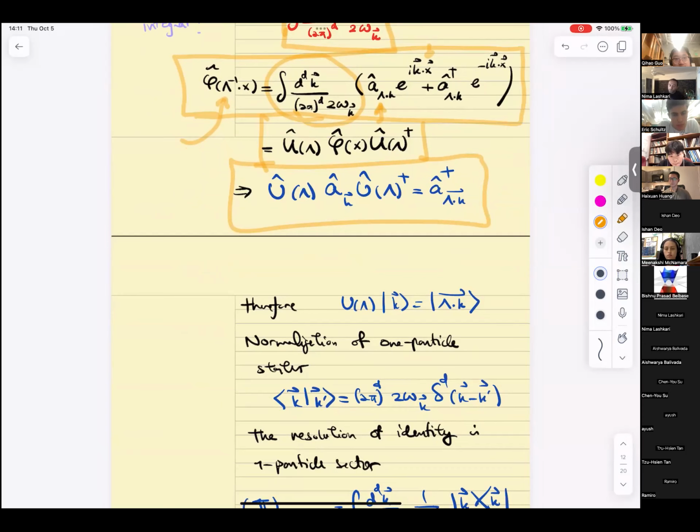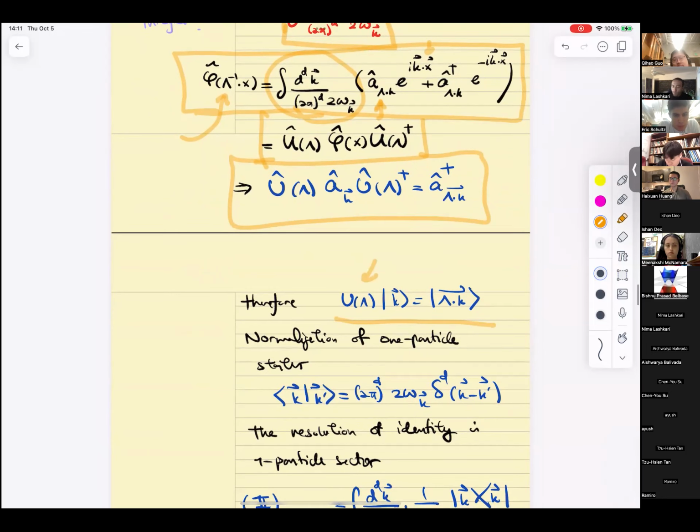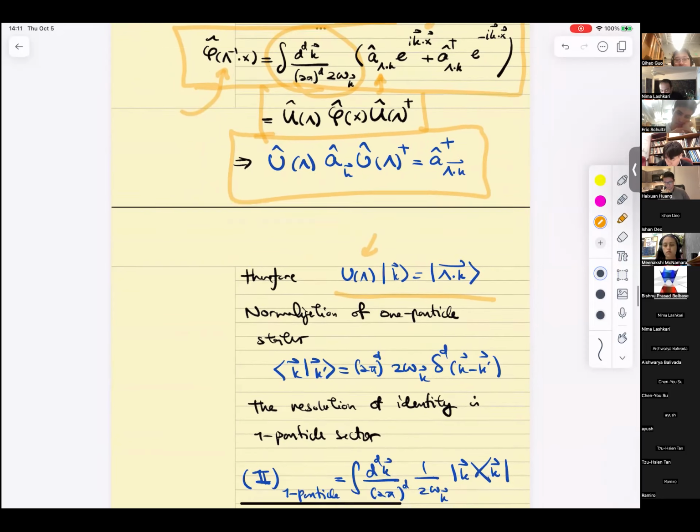So this is analogous to relativistic one particle quantum mechanics in the following way. If you have one relativistic particle that you are quantizing, with no field theory, then that just means that U of Lambda is a unitary that acts on your k vector and does the Lorentz transformation.